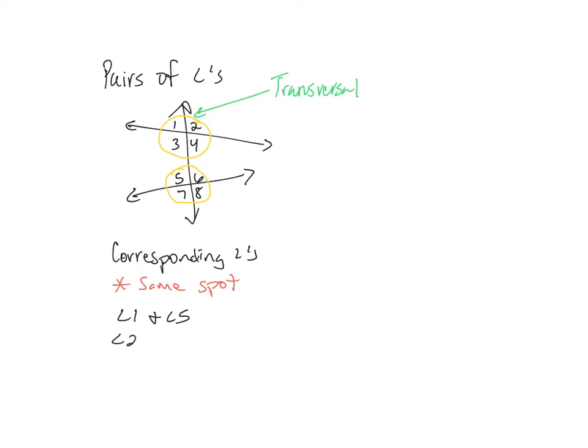Angle 2 and angle 6 are on the top right-hand corner of their group. Angle 3 and angle 7, and angle 4 and angle 8. Okay, so there's 4 pairs of corresponding angles. Same spot, top right, bottom left, whatever that location is.